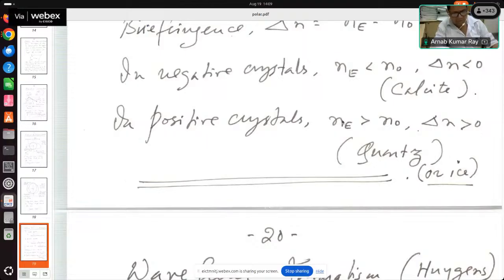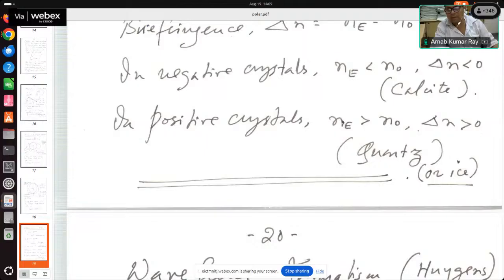And so here in Jenkins and White, it is said that it is found that for any direction of the wave front, there are two velocities for the vibrations of the vector D. Vector D is the displacement vector. Usually we write displacement D equal to epsilon times the electric field E, right?